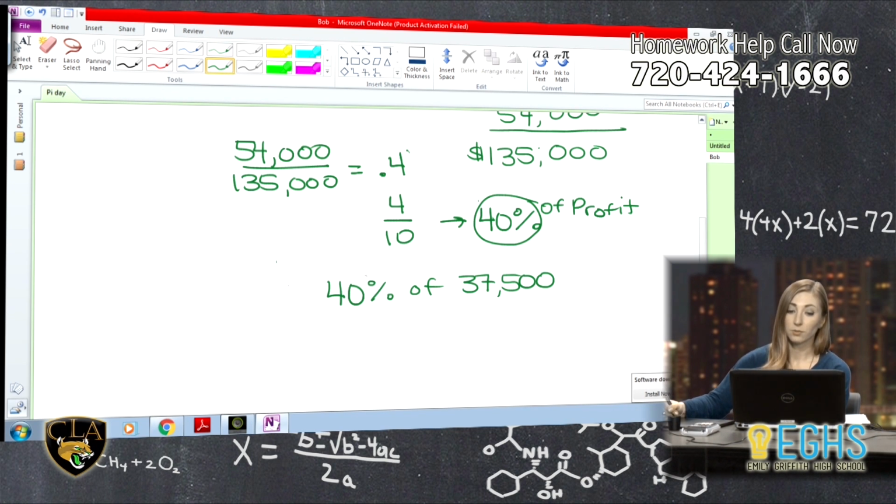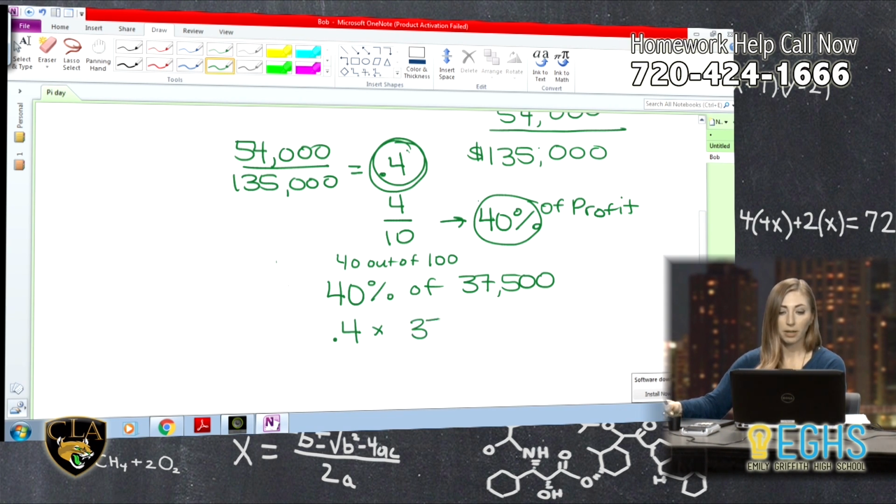What this really means is 40 out of every 100. So for every 100 in this 37,500, she's going to be receiving 40 of that. But the way that procedurally you would find a percent of something is we would turn it to a decimal first, and we actually already had that decimal here, 0.4, and then we multiply it by our total.